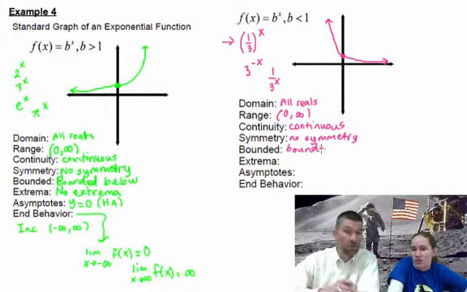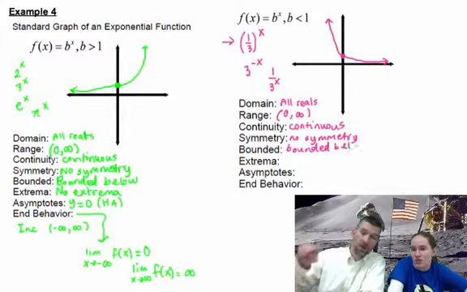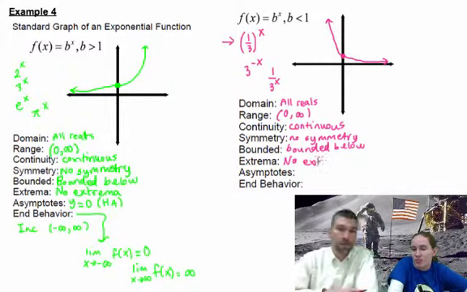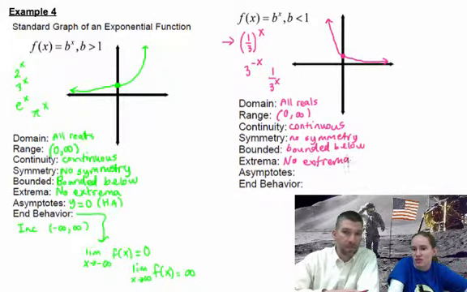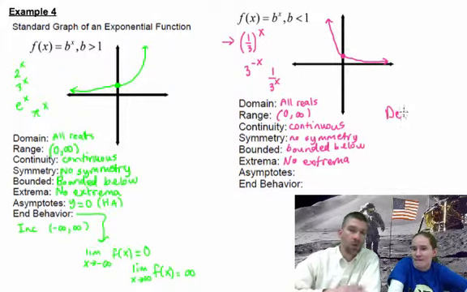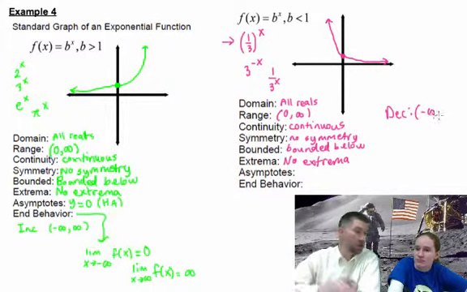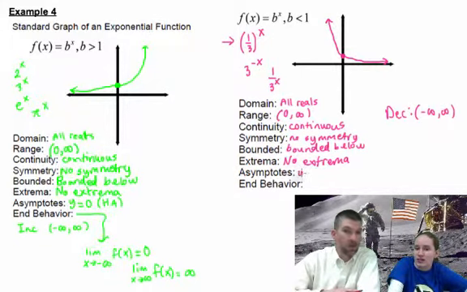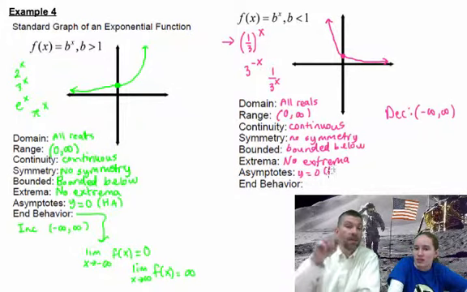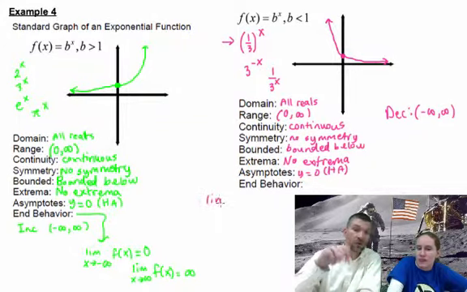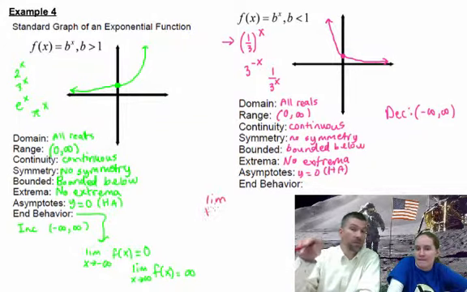We still have no extrema because there's no place where our function changes from increasing to decreasing. But where is this increasing or decreasing? As you start on the left and move to the right, it is decreasing the whole entire time. The asymptote, again, would be y equals 0, because the limit as x goes towards positive infinity is 0.